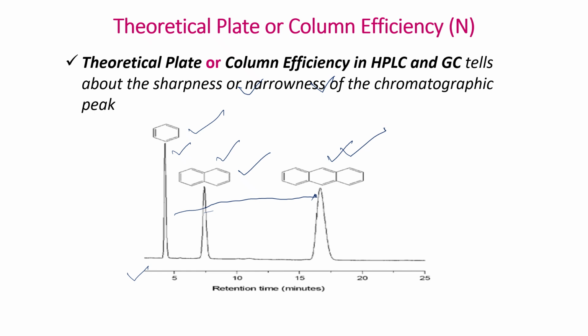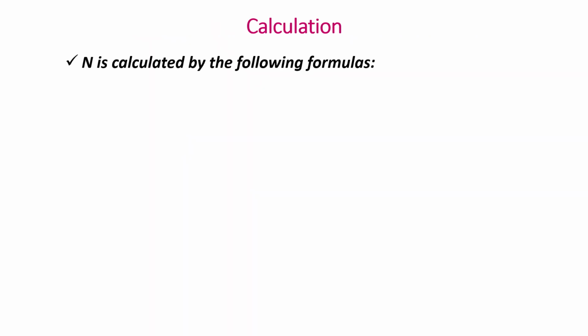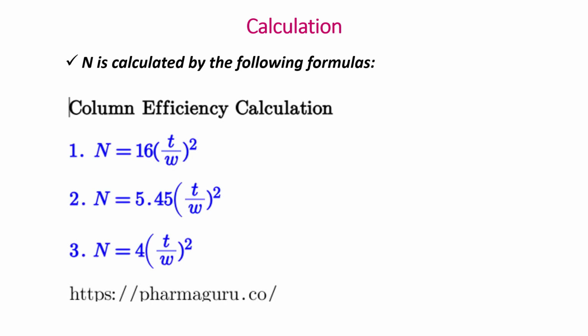Now the question comes, how is theoretical plate calculated? I am going to explain the same in the next slide. Calculation of the theoretical plate. Theoretical plate is calculated by the following formulas. Formula number 1, N is equal to 16 into T divided by W whole square.